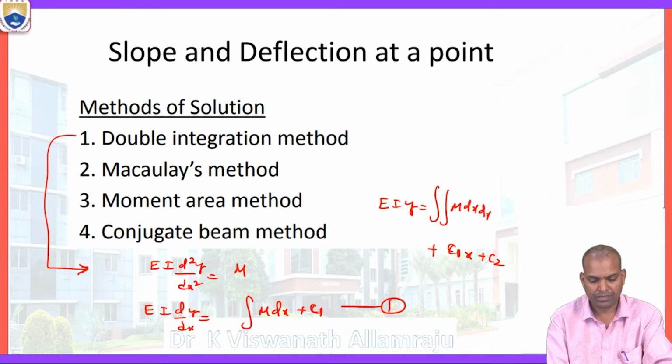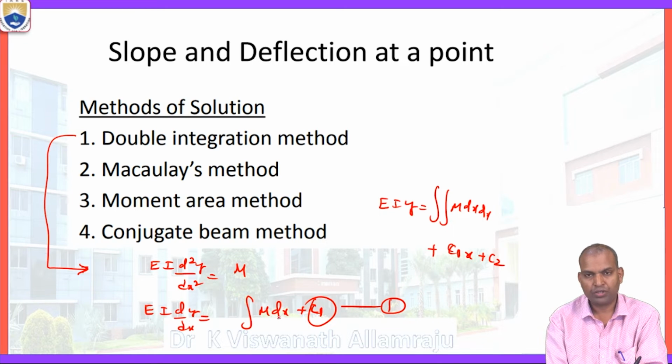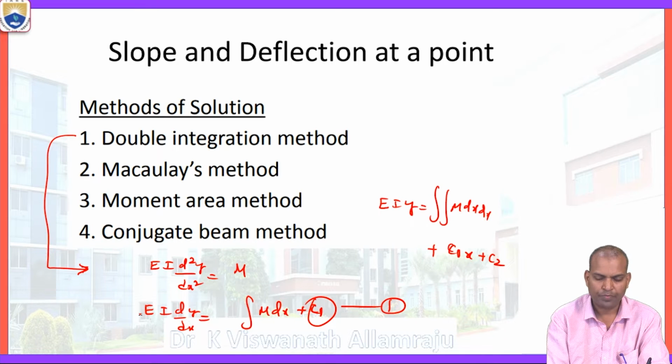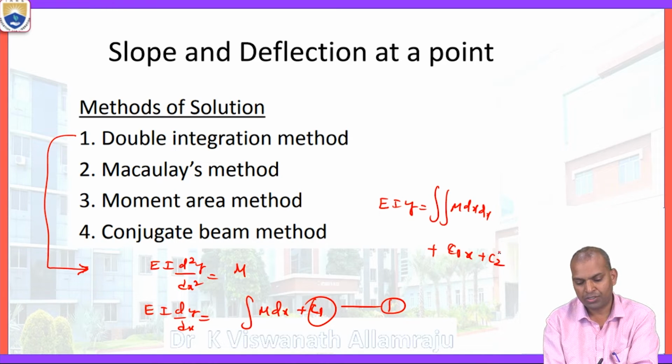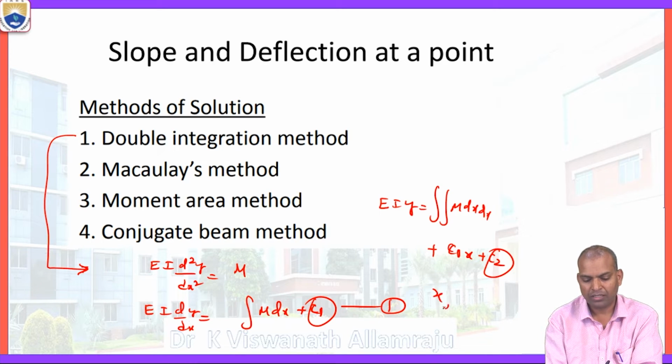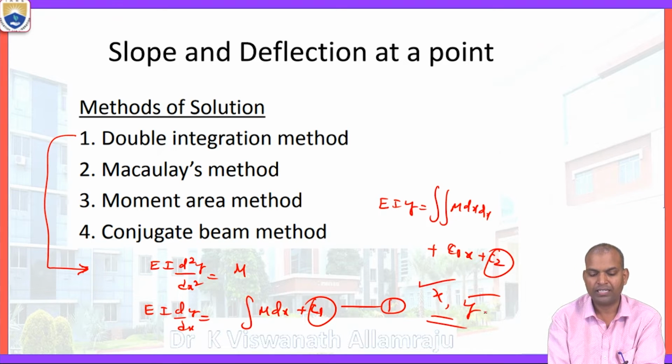Two boundary conditions. The first boundary condition, for C1, should relate the span x and the slope. The second boundary condition, for C2, is related to deflection, so x and y are related. Whereas for the first boundary condition, x and dy by dx are related.